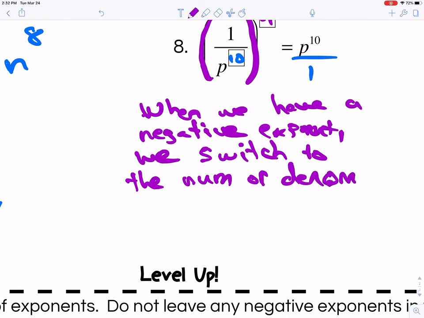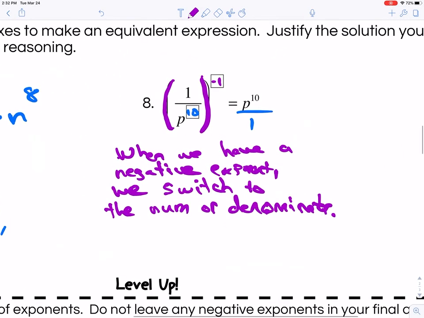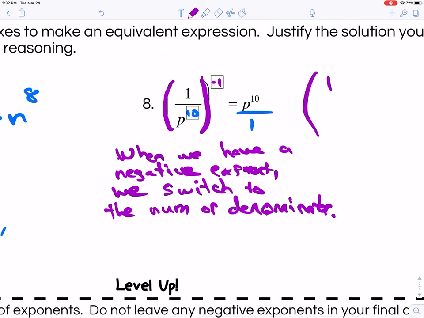Maybe I should abbreviate that. And again, there are multiple different answers here. I've also seen students do 1 over p to the -10 to the first power, because p to the -10 would just go up as p to the 10th.